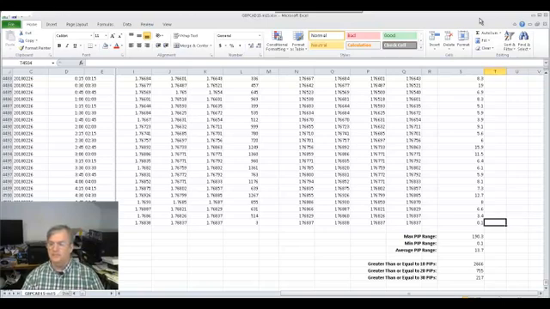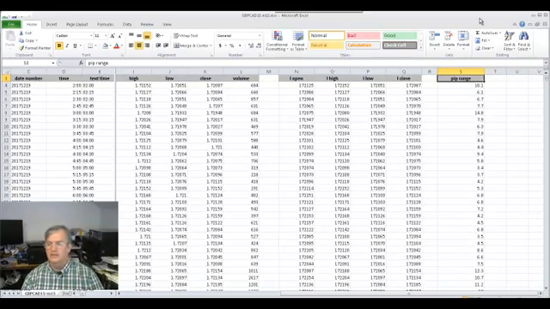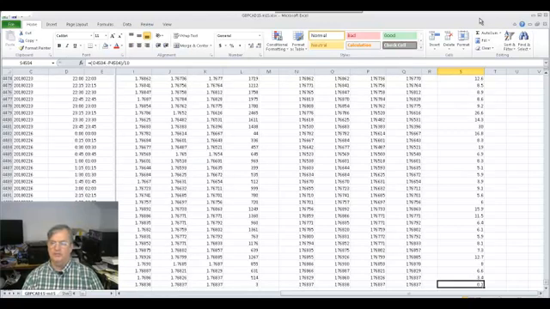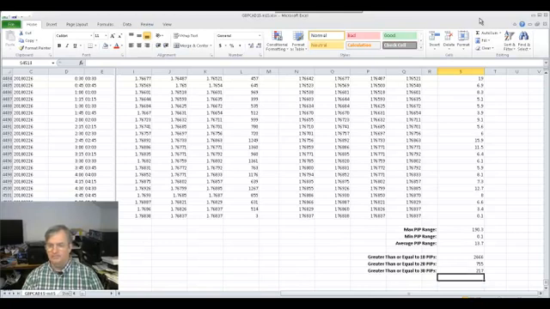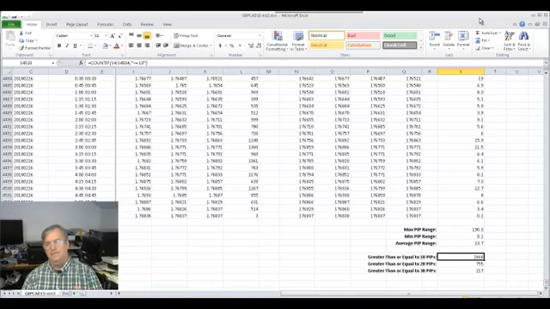In the last video we talked about the pip range, the difference between the high and the low, and then we looked at the max pips in this particular range of data. We looked at the minimum pips, and then the average pips. We looked at the number of candles that had a range that exceeded 10 pips, 20 pips, and 30 pips.